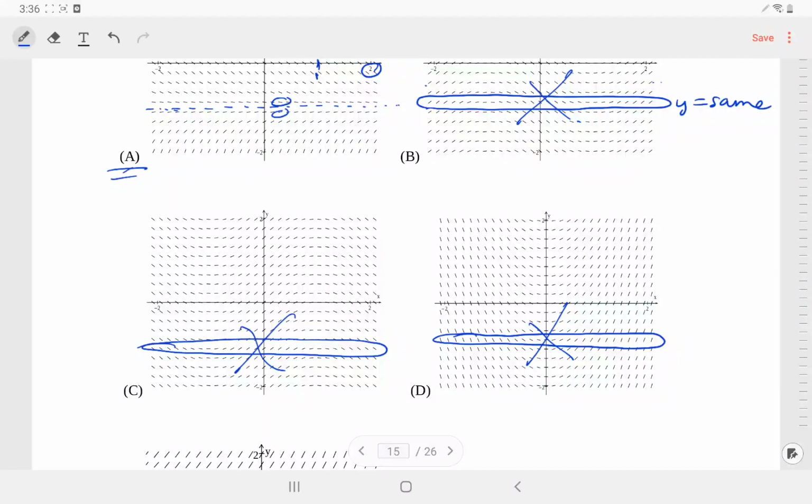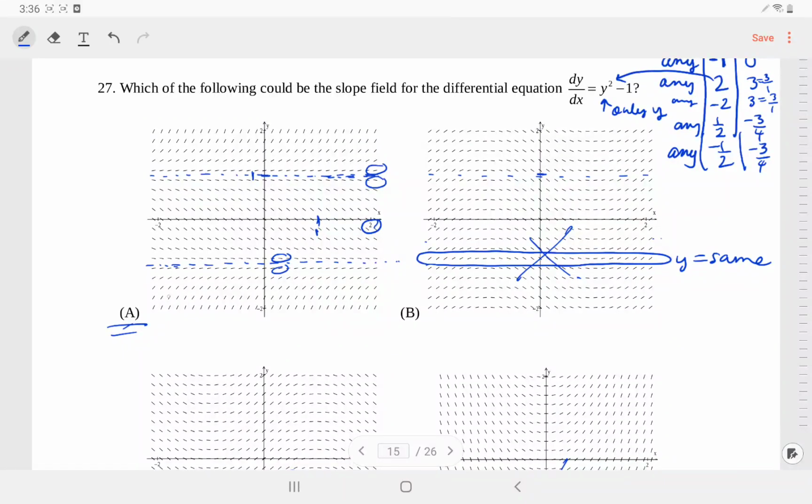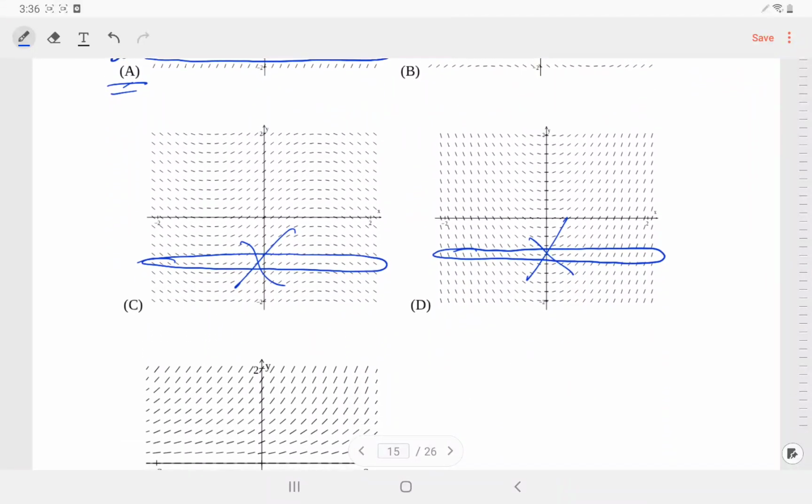So let me look back up at A. So look at this whole row right here. For that y value, say y equals -1.8, all the slopes are the same because x doesn't change anything. Same thing here. Look at all those slopes. Those slopes are all the same. So this one I like because it only has one letter. So those two I don't like.